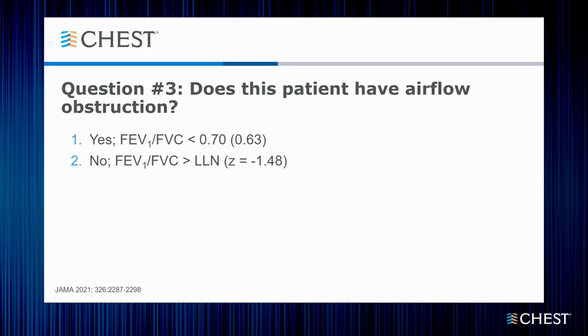So does this patient have obstruction? Yes, the FEV1 to FVC is less than 0.7. And you could also say, boy, that shape of that flow volume curve sure suggests obstruction. No, the FEV1 to FVC is greater than the lower limit of normal. Their Z-score is negative 1.48.